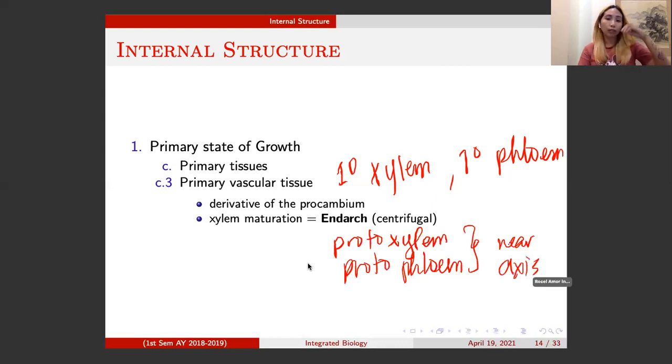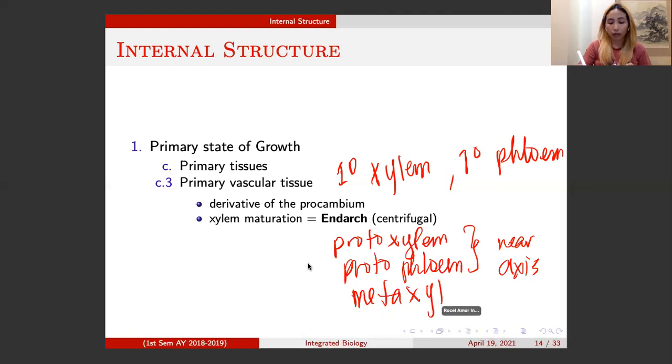And then, after ma-form ang protoxylem and protophloem, as xylem cells and phloem cells are produced, dahil centrifugal ito, palabas, the metaxylem and metaphloem, those are the next xylem and phloem cells to be produced after ma-produce ang protoxylem and protophloem. Okay? The metaxylem and metaphloem are produced towards the outside.